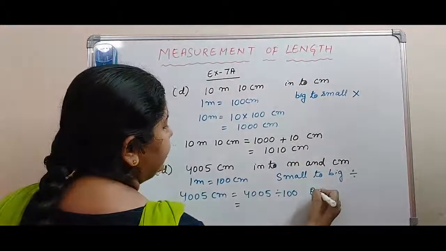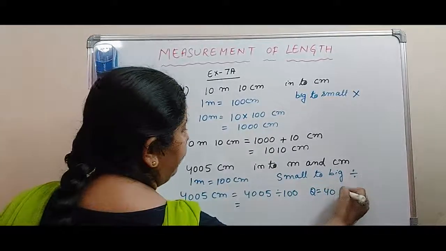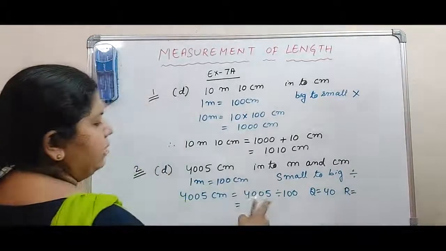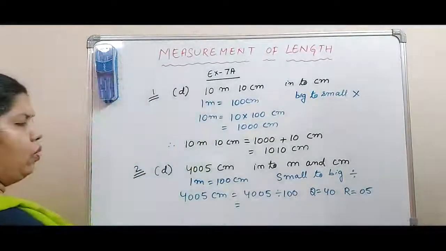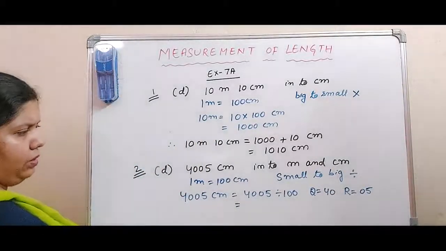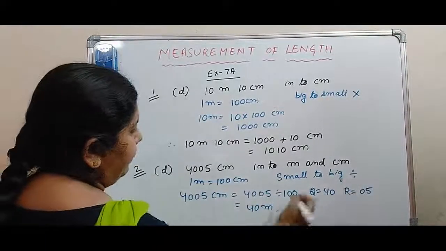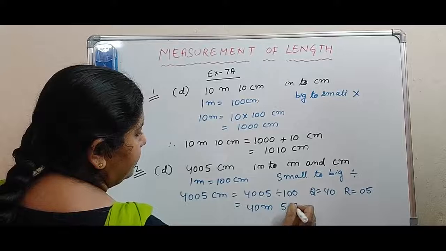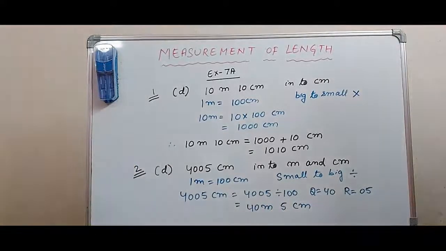Quotient we will get as 40, and remainder it will be 05. So the quotient part is converted into meter. So we will write here 40 meter and the remainder part, that is 5 centimeter. This is our final answer.